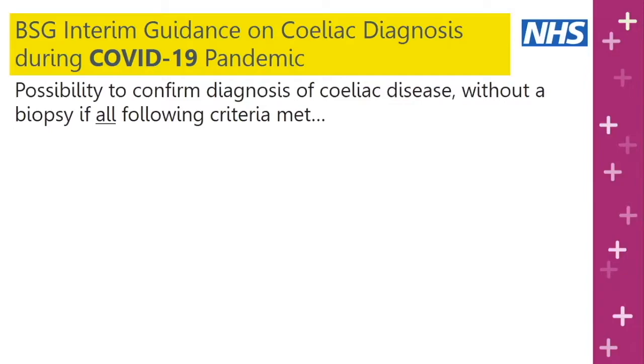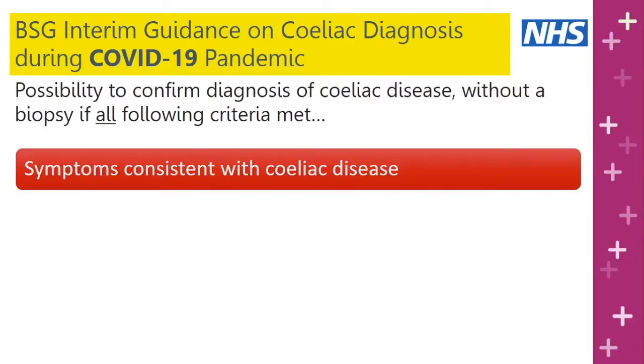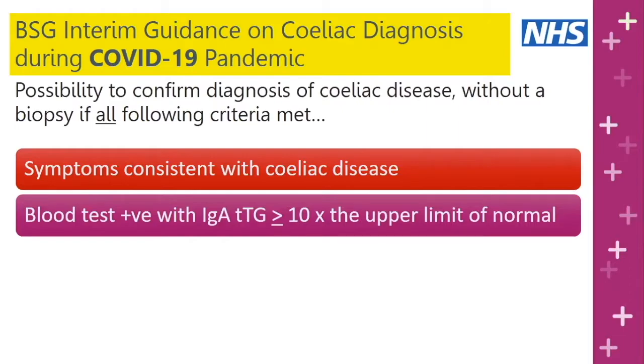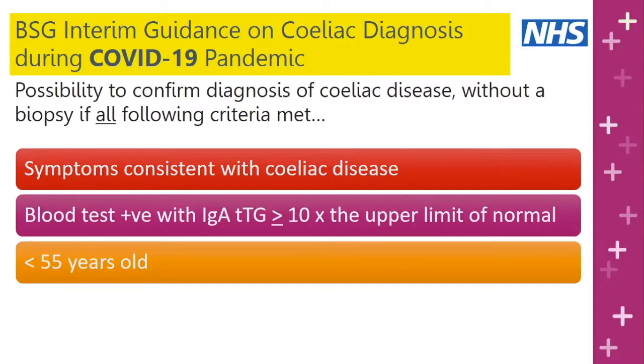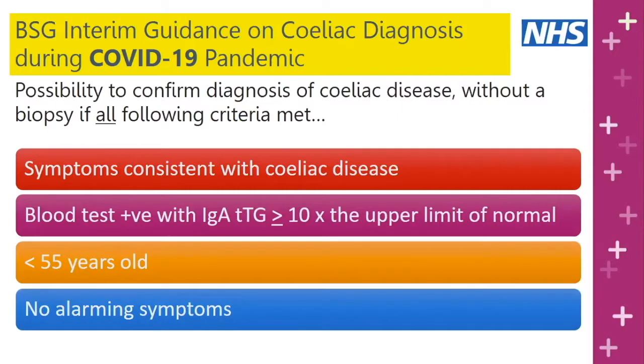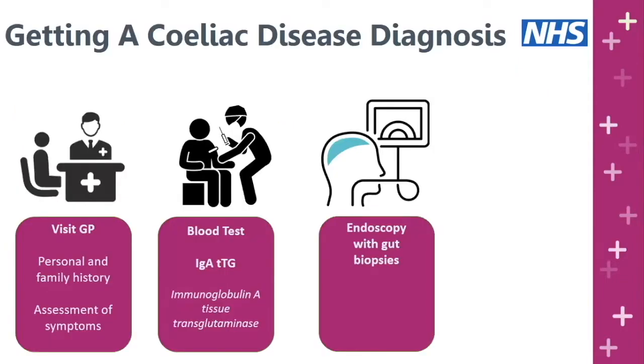The criteria they say should be met to confirm the diagnosis without a biopsy include that someone presents with symptoms consistent with celiac disease, that the blood test they have is 10 times the upper limit of normal for the levels of the antibody IgA-TTG, that they're under 55 years old, and that there are no alarm symptoms. If all that criteria are met, at this moment in time, it's maybe possible to confirm the celiac disease diagnosis without the biopsy. Clearly, there will be some people that don't meet this criteria, and for them, an endoscopy will be necessary.